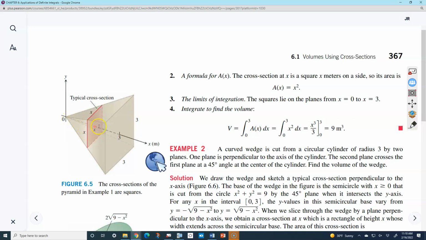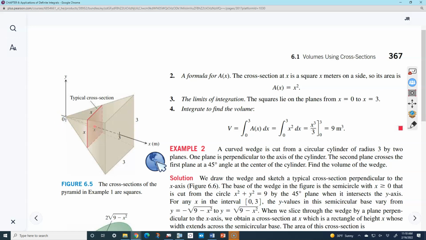First we sketch it, and here's a good sketch. Notice that it is laying the pyramid on its side down the x-axis, so that when you're at an x value of 3, you have a square cross-sectional area with that square having a side length of 3. And it comes to a point at the origin where you have a square of side length 0.